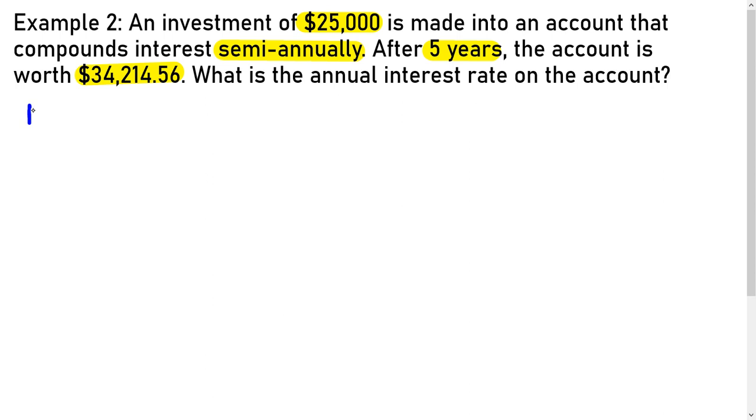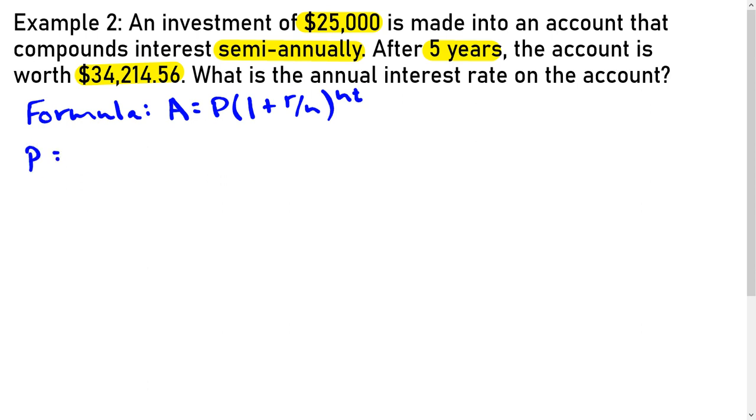Well, first I need to know which formula I'm going to use. Obviously this is periodically compounding interest because it has the word semi-annually. So we're going to be using not Pert, but A equals P times 1 plus R over N raised to the NT. Okay, so let's write down what we know. We know P, that's $25,000.